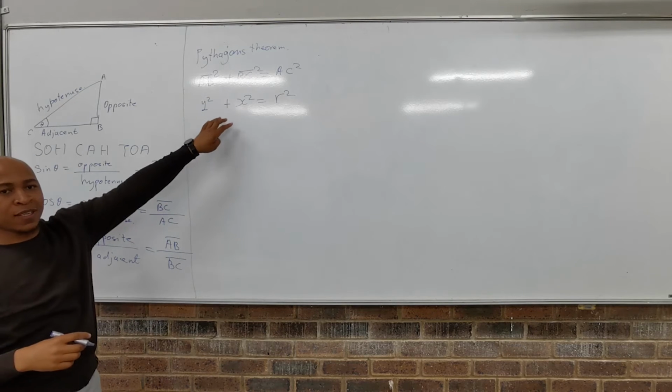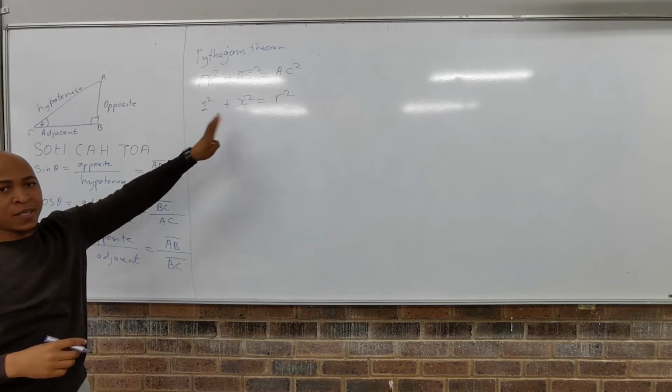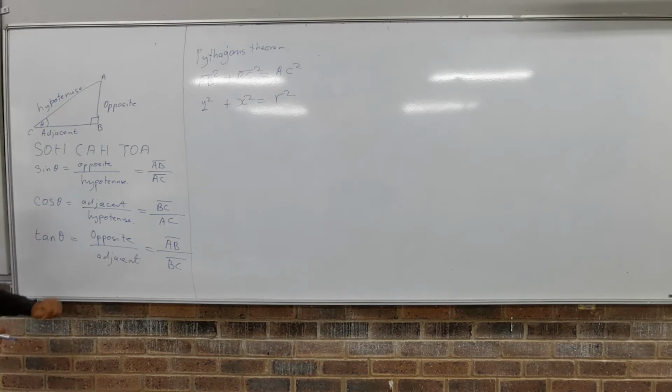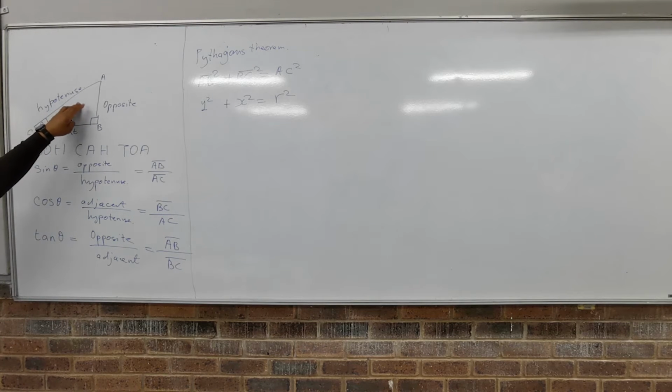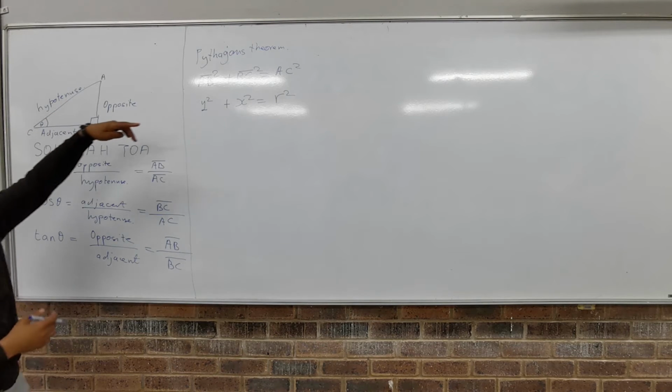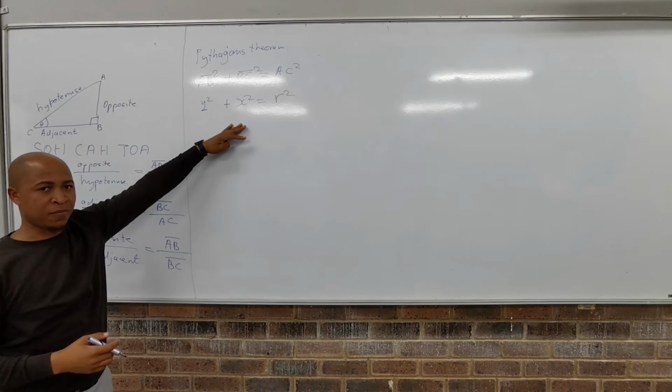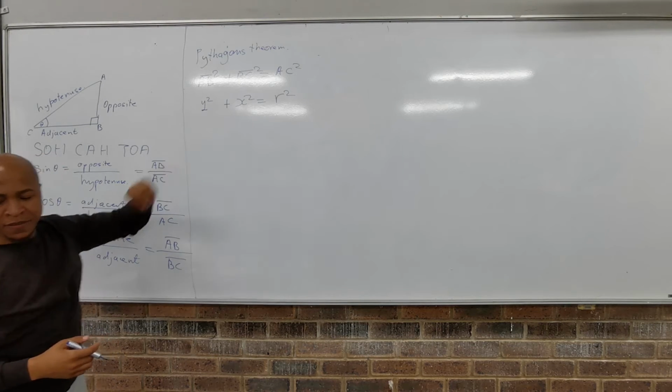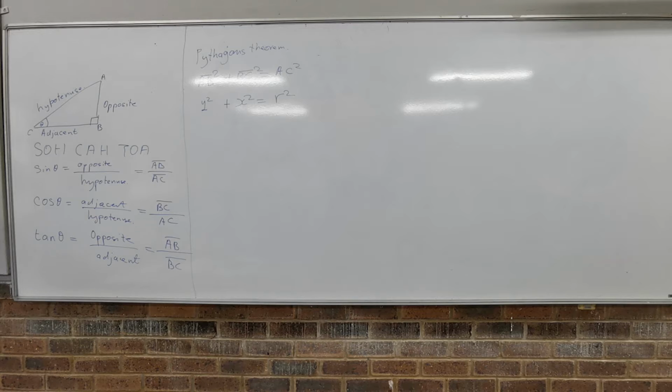Basically, this is just the Pythagoras theorem. Just to recap, when you want to solve a right-angled triangle, you can use the trigonometric ratios plus the Pythagoras theorem. Are we together? I think it explains everything very well.